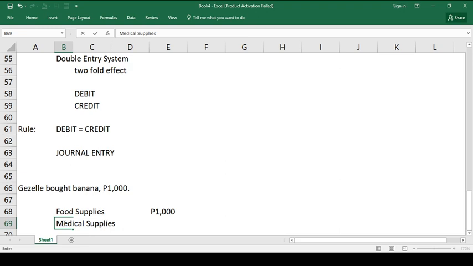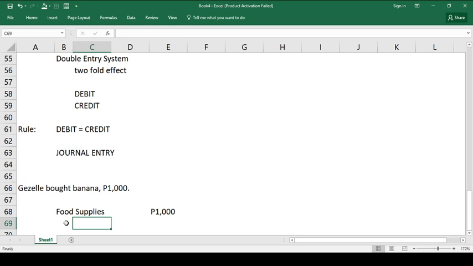Okay, that is the assumption pag maraming debits. But going back to the first assumption, isa lang naman yung supply na binili natin and that is food. That is a food supply. That would be our specific account title. We will now proceed to the credit.